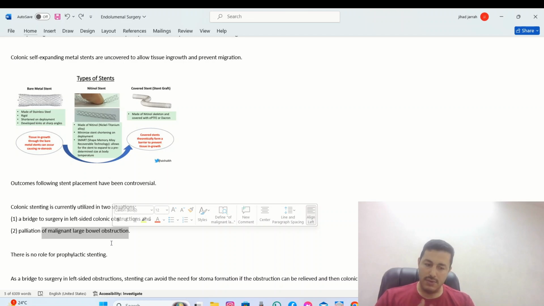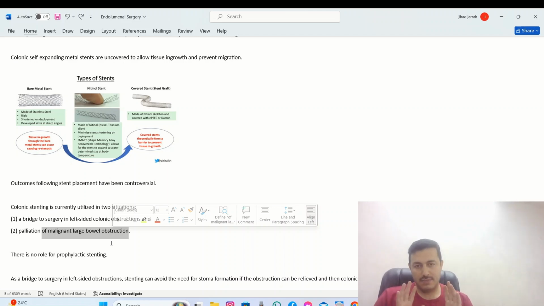Again, when we compare patients who are treated with a bridging stent to those who undergo surgery, the risk of local recurrence is higher in those where we use stenting. This is maybe one of the causes that we do not prefer bridging therapy with a stent in a healthy patient.